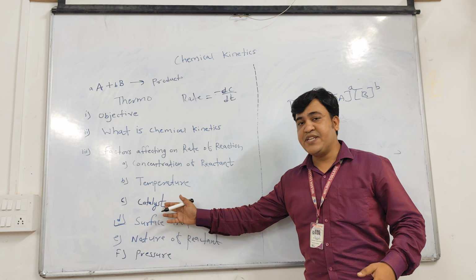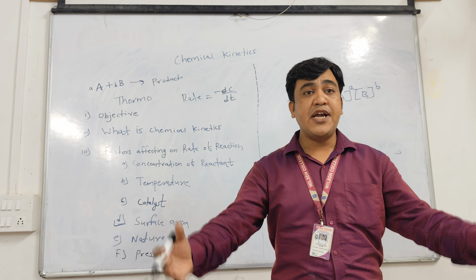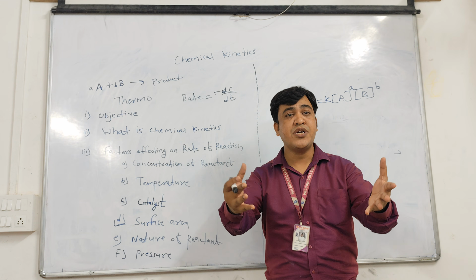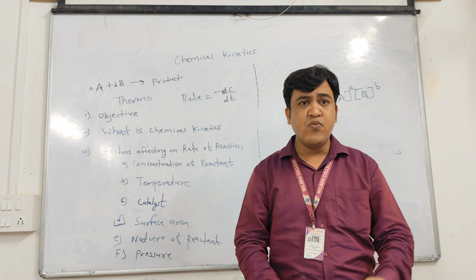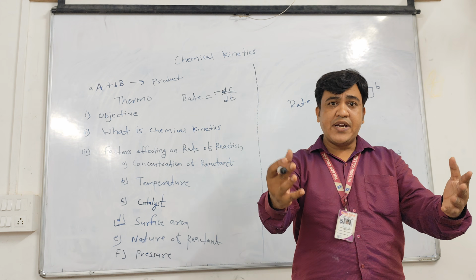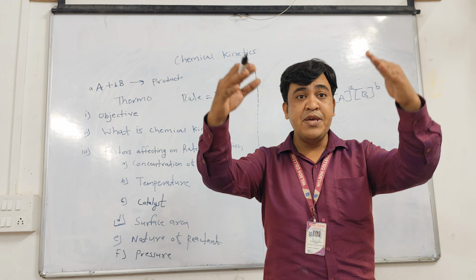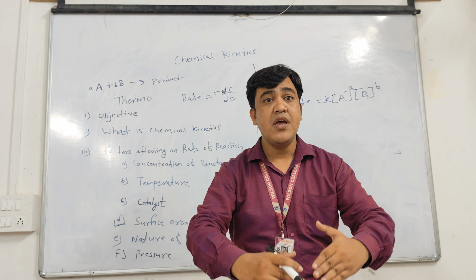And the next parameter is catalyst. A catalyst is a substance that can alter the rate of chemical reaction without being consumed. There are two types of catalyst: the positive type of catalyst and the negative type of catalyst. A positive catalyst increases the rate of the reaction by lowering the activation energy.